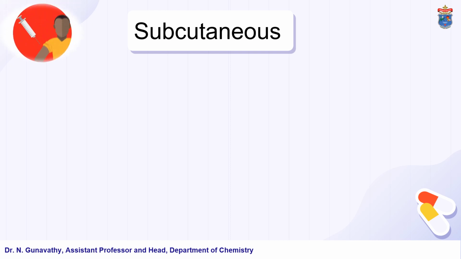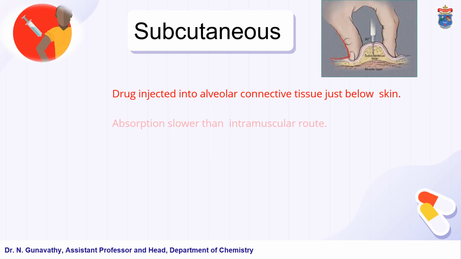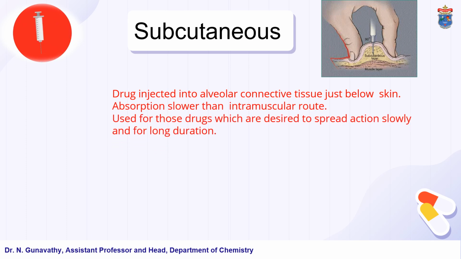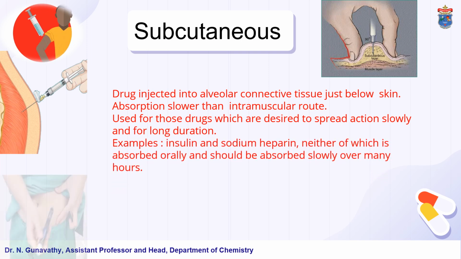Subcutaneous. These drugs are injected into the alveolar connective tissue just below the skin. The absorption is slower than the intramuscular route, and it is used for those drugs which are desired to spread action slowly and for long duration.